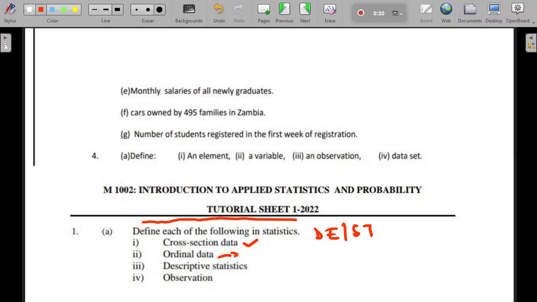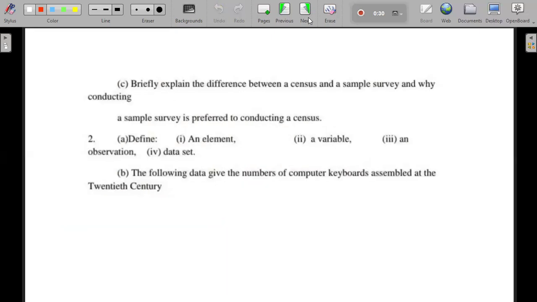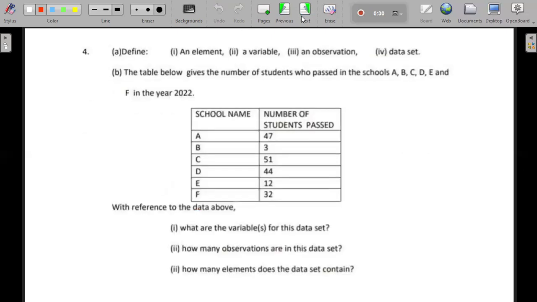Ordinal data is descriptive, or qualitative, data that shows hierarchy or order. There are lots of questions here, and these notes are on Drive, so you can go through them. I shared the link of the Drive in the group. But now let's try to answer this question here.